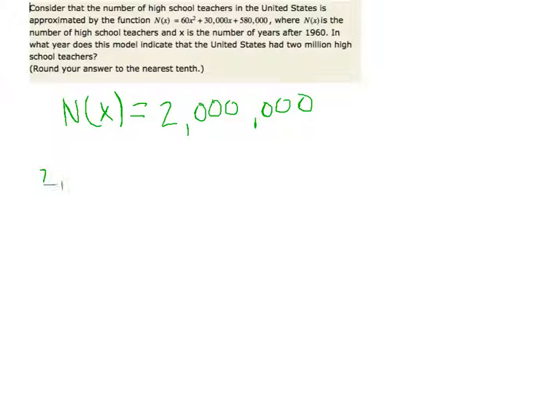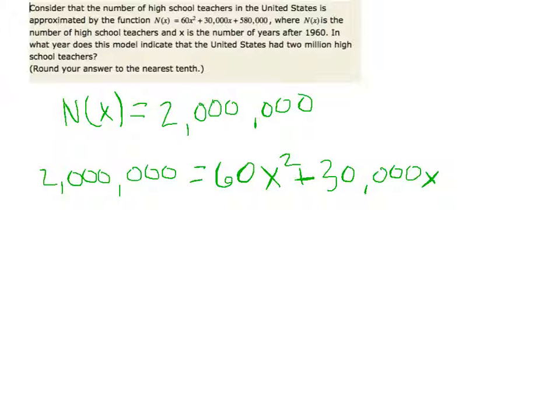So we get 2 million equals 60x squared plus 30,000x plus 580,000.